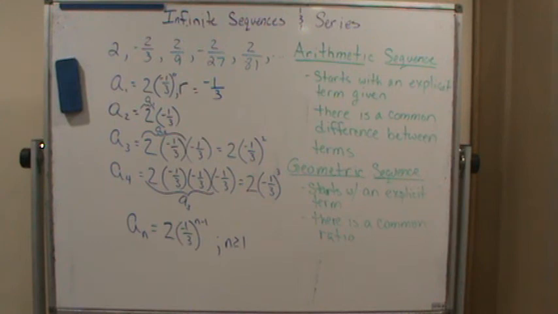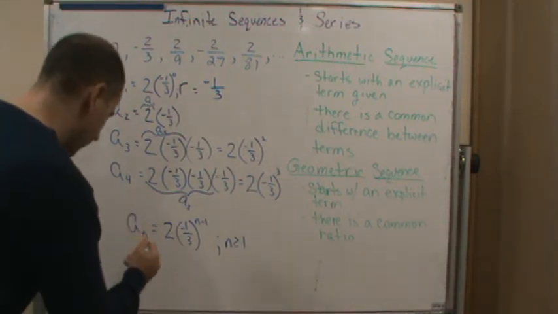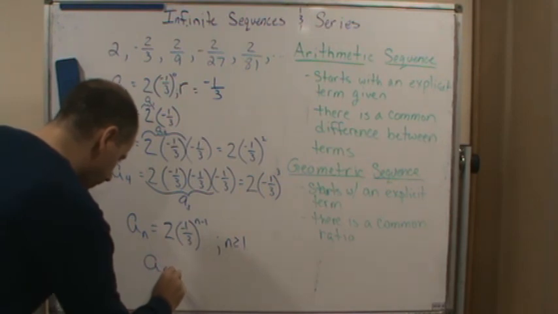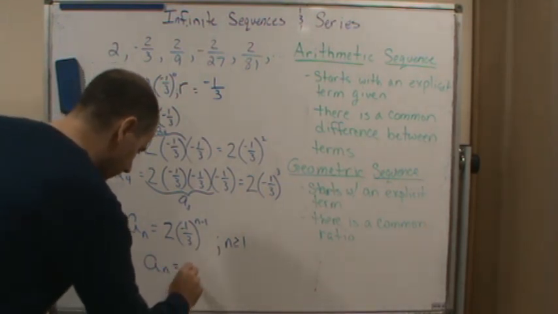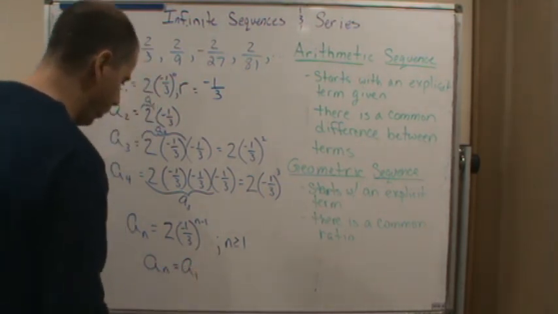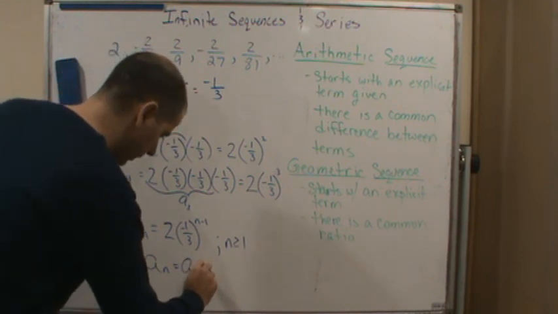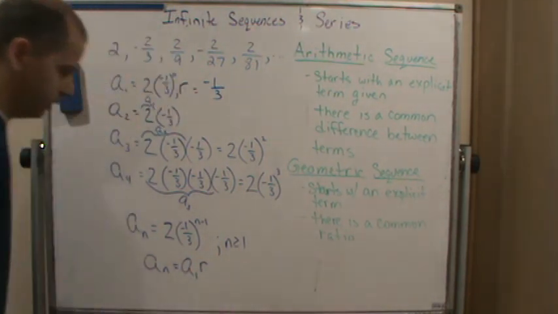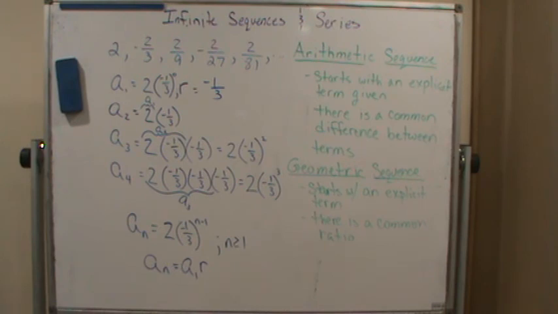Now, in general, geometric sequences are going to be of the type a sub n equals a sub 1 times r to the nth power.